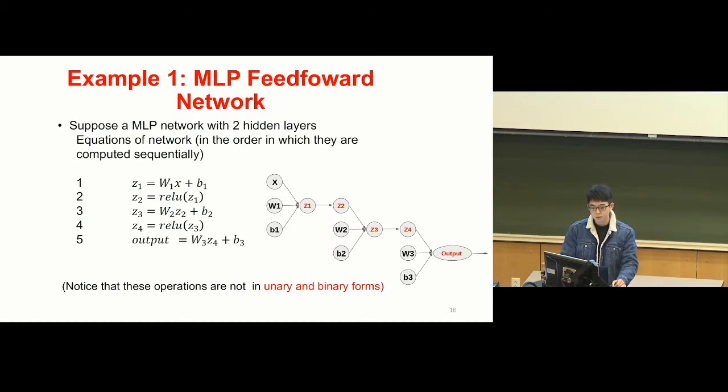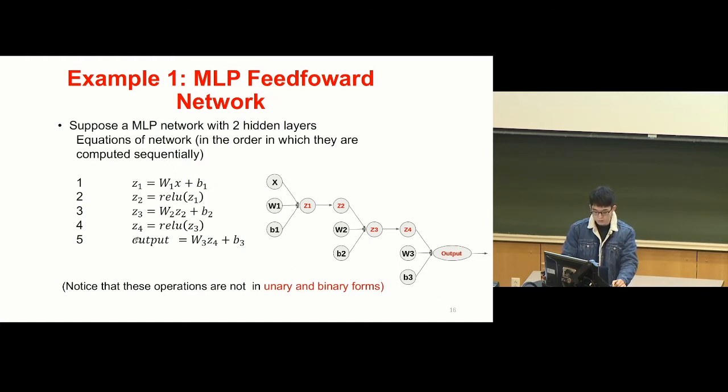We are going to use two examples with the MLP to illustrate how to compute the derivatives backward. Here we suppose there is an MLP network with two hidden layers. This is the dependency diagram, similar to the one on the previous slide, and it is quite useful when you are computing the derivatives.